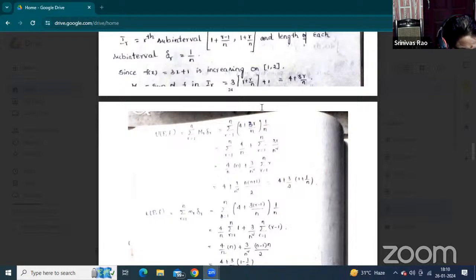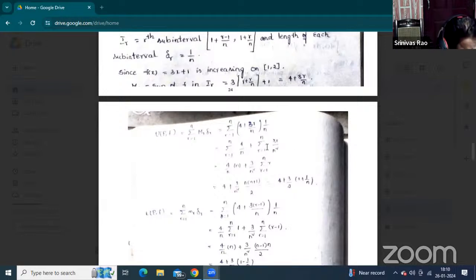After the simplification, we get 4 into 1/n plus 3 into r/n². Now here, in the summation of 4/n, 4 is a constant numeric value, so we take it outside: 4 into the summation of 1/n.